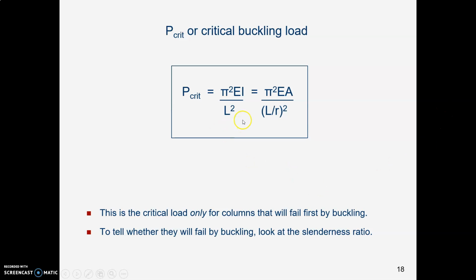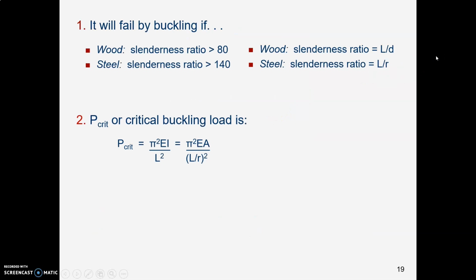If your column were to double in length, the critical buckling load would be 1/4 as big. If you cut the length of the column in half, the critical buckling load would be 4 times as big before it would cause a problem. So length is really an issue, and then the shape, the moment of inertia, or its cousin, the radius of gyration.